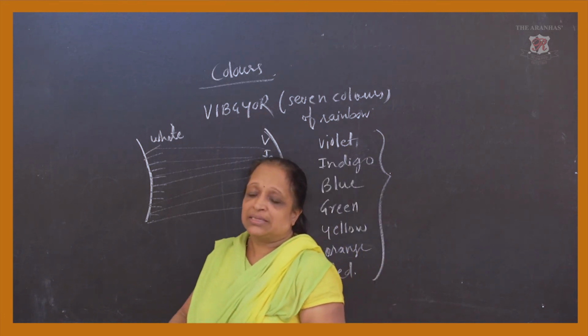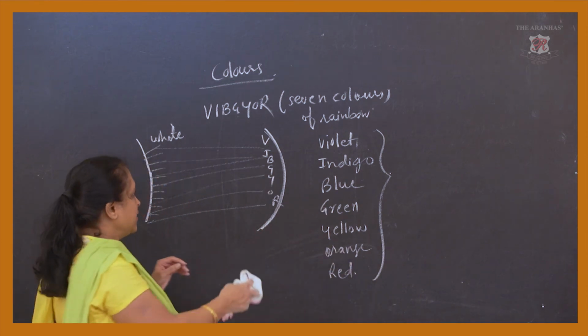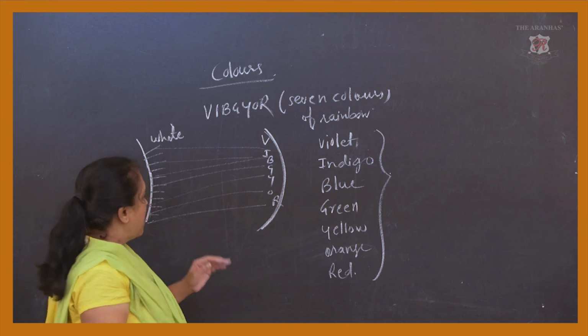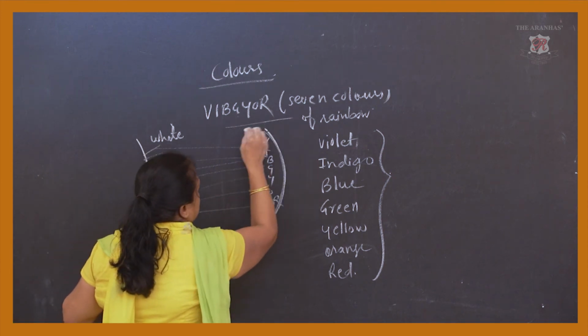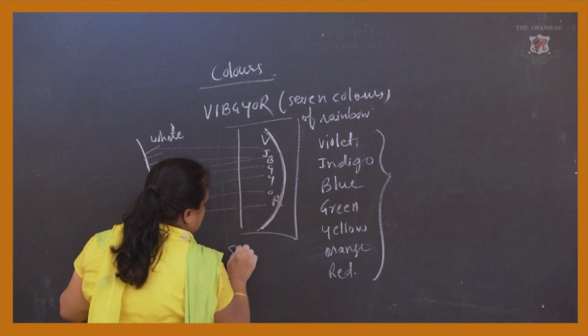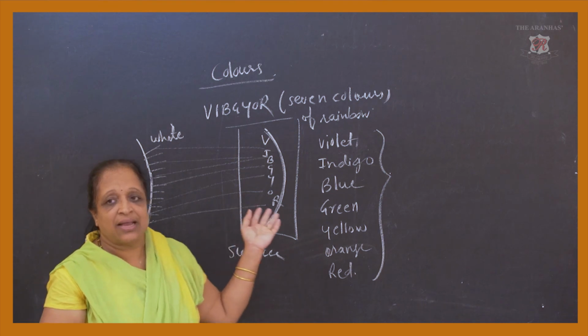Now why does it get spread into the 7 colors? That is also related to light, because when the rays of light fall where the patch is formed, it is nothing but a surface, like a mirror, acting like a screen.